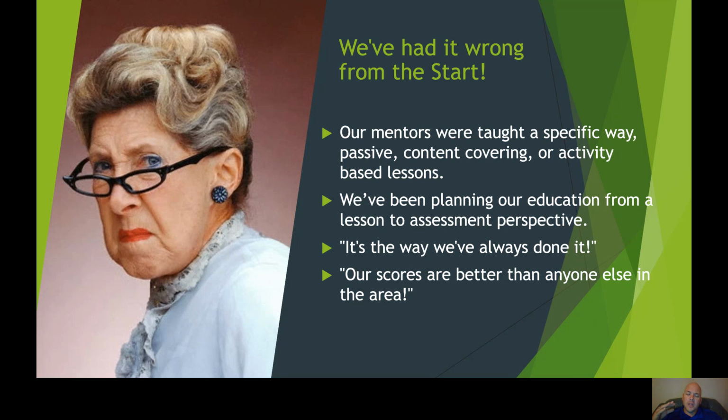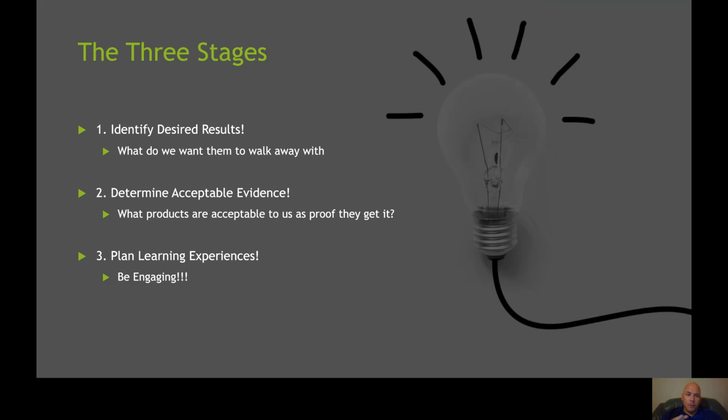So this is a systematic approach to how we achieve that. From the start, there are 3 stages to this. This is backwards design. How do you take a lesson and how do you design it backwards? The first thing we have to do is identify what the desired results are. What do we want the kids to know?